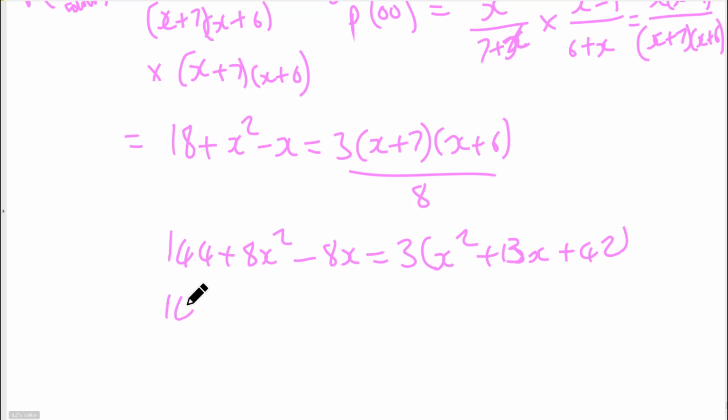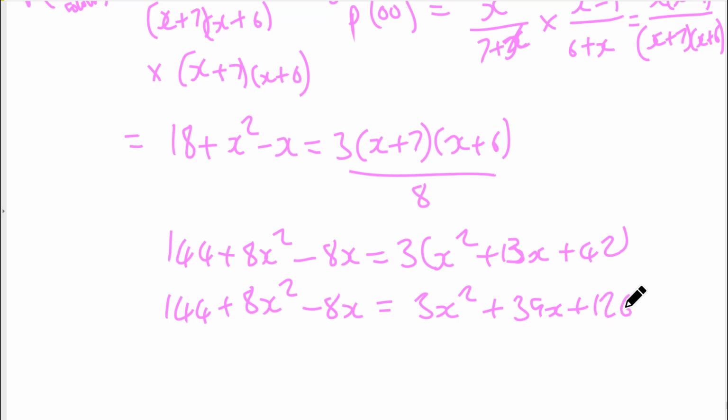We're going to get 144 plus 8x squared minus 8x equals 3x squared plus 39x plus 126. Right, we're going to subtract everything and rearrange it so we turn one side to 0.